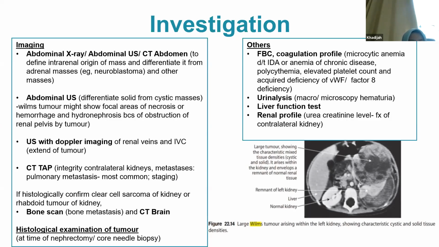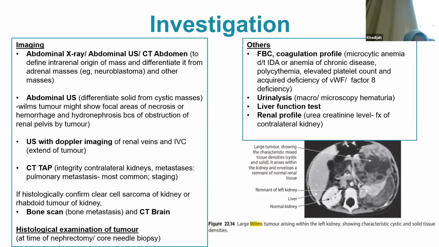Abdominal ultrasound can help us differentiate solid from cystic masses. However, Wilms tumor might show some focal areas of necrosis or hemorrhage. Ultrasound with Doppler imaging is also quite helpful for us to know the extent of the tumor.